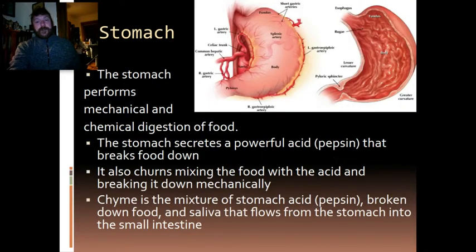The stomach itself is a large muscular organ that secretes an enzyme called pepsin, but it also secretes acids. That's important because those acids don't work unless the environment of the stomach is very acidic, which is kind of important in a lot of ways.